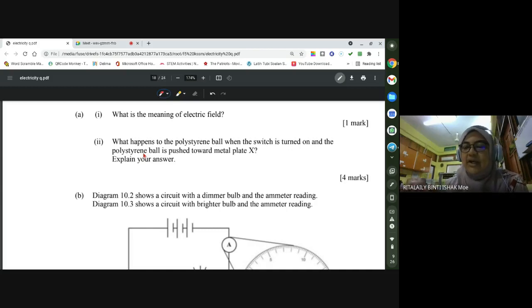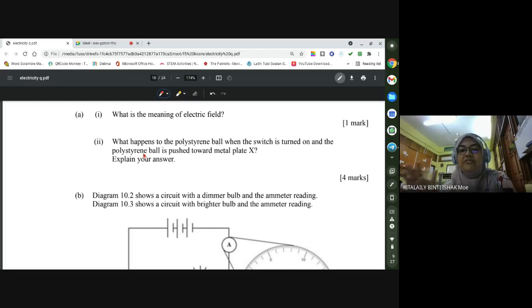Okay, so firstly, Abby said that when the plate is switched on, it will be positively charged. So that is the first point. The second point is when the ball touches plate X, it will become positively charged. The third point, same charge will repel, or you can say that the ping pong ball will be repelled from plate X. Point 4, when it is repelled, it will touch plate Y and will become negatively charged.